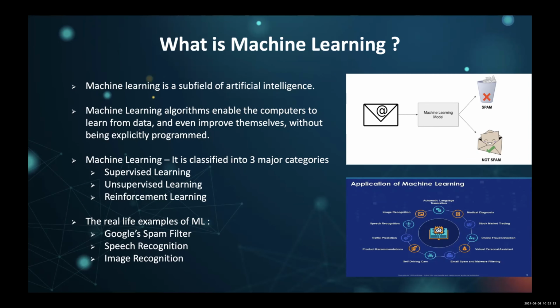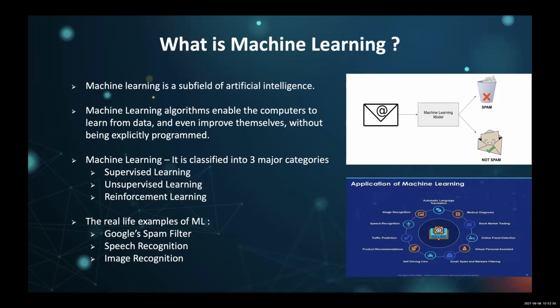The third example can be image recognition. When you click a picture, there is a software in Google that will say whether it is a dog or a cat or a human being. It happens because of machine learning. In the past, when you clicked that picture, you must have given feedback to the machine that this is not a cat, this is a dog, and the attributes of a dog are this and this.